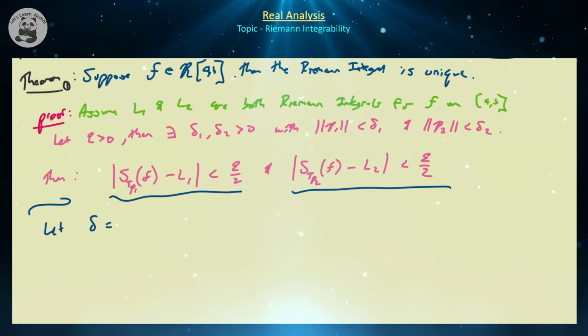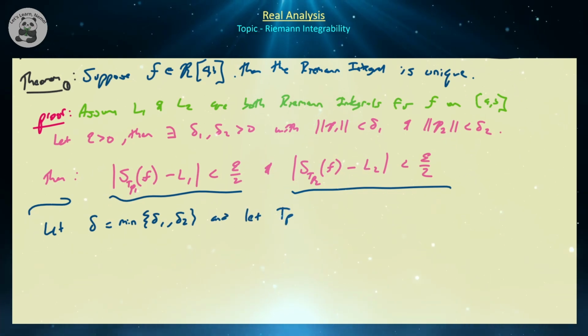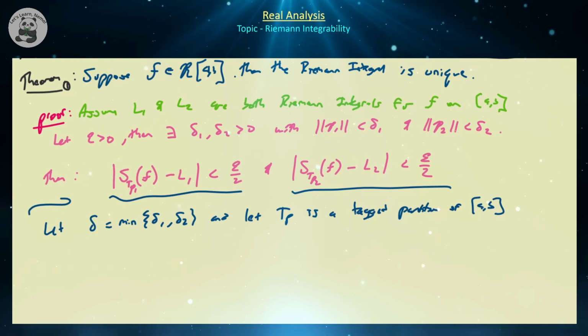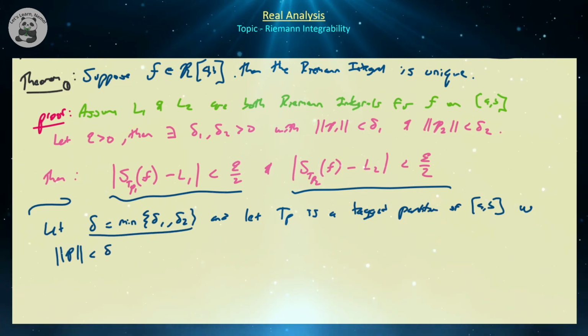So let's assume that delta is equal to the minimum of delta 1 and delta 2. And also let's assume that TP is a tag partition of AB that satisfies the property that the norm of P is less than this delta, which is equal to the minimum of delta 1 and delta 2.